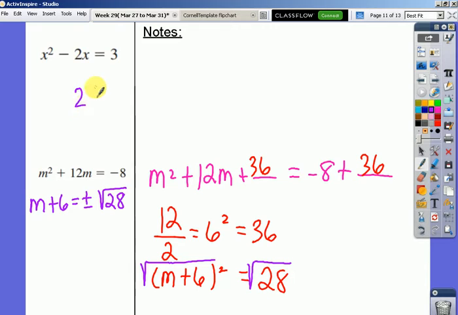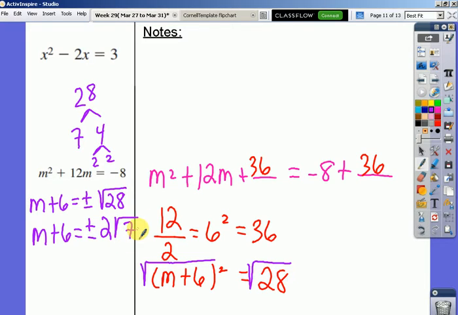What does 28 break down into? 4 times 7. Can't I break down the square root of 4 into 2? So can't I simplify that? So doesn't this equal m plus 6 equals plus or minus 2 root 7? Yeah? Okay.